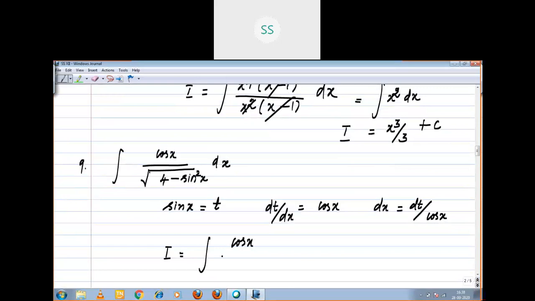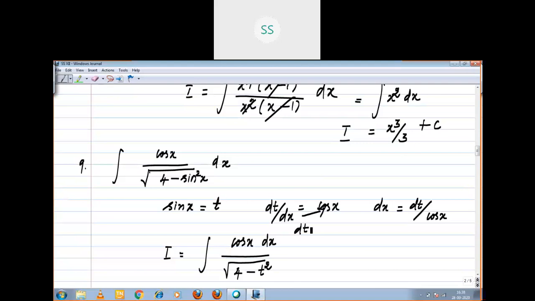I equal to integral cos x divided by root of 4 minus t square. Or you can write, cos x dx can be replaced by dt. Got it?